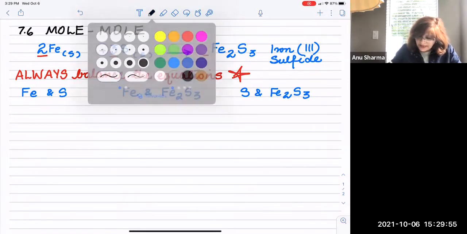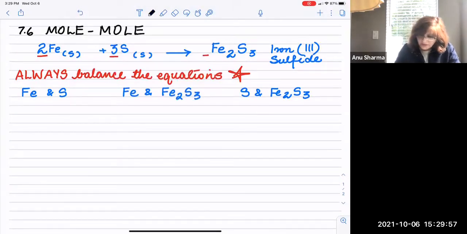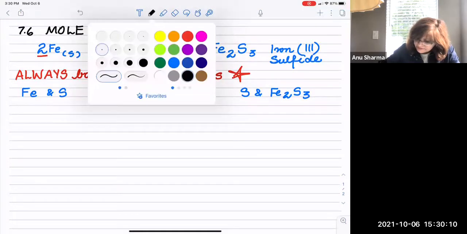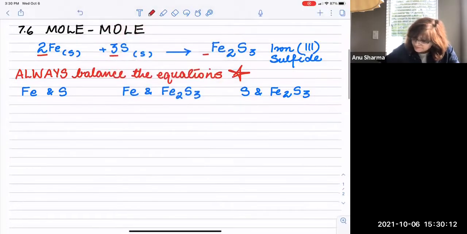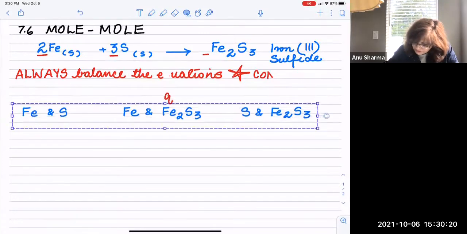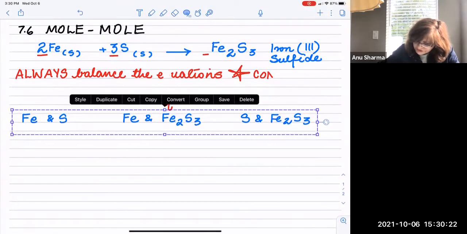So here we have iron. Iron is 2. So these are the conversion factors. Let's write this down here, the conversion factors. I'm going to just move this down so we can write down the conversion factors.